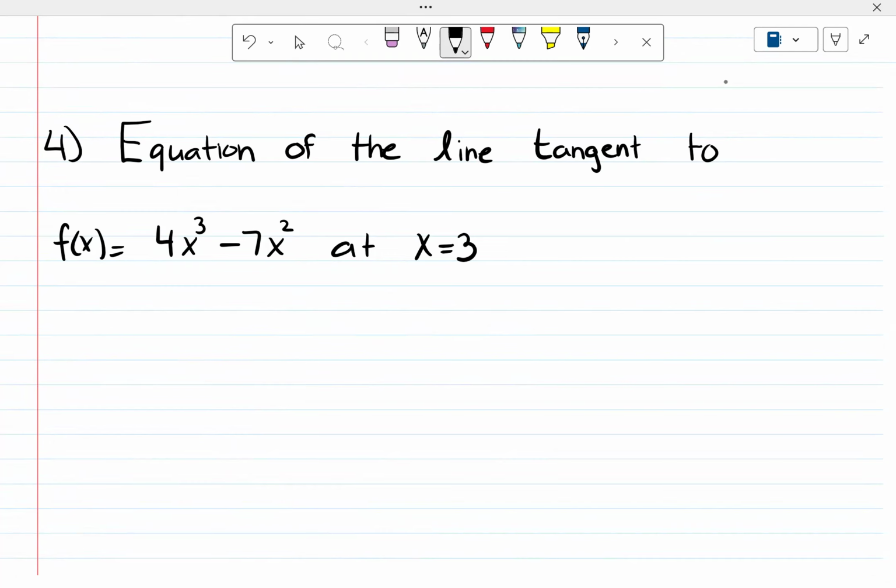So first you're gonna need a point, I mean, a coordinate, and then you need to find the slope. Why? Because your final answer will be in this form.